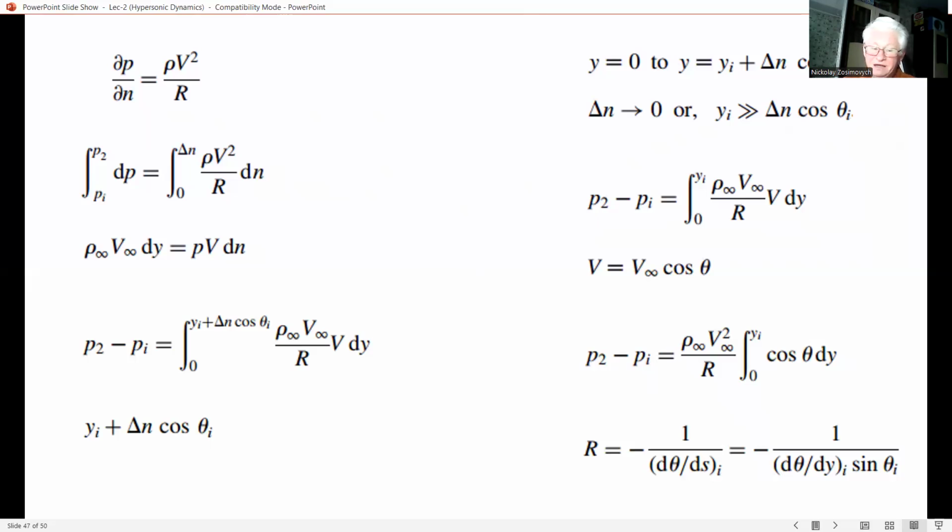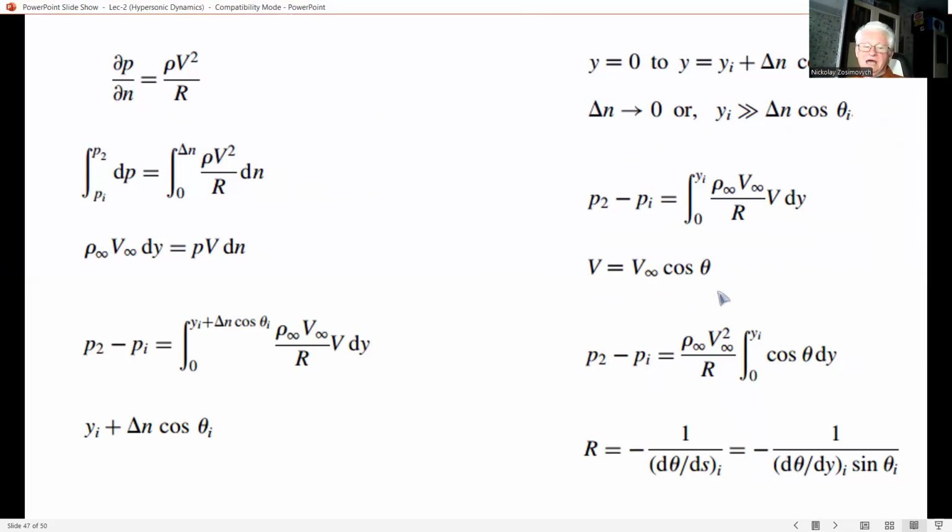Hence, we can assume that the flow velocity along the shaded streamline inside the layer is constant. That is, we may write v proportional to v infinity times cosine theta along the streamline, including the section above point 1.